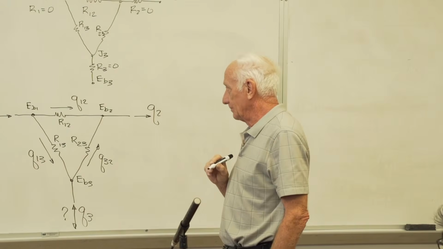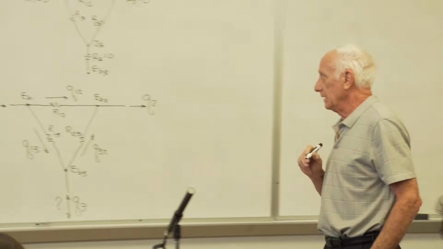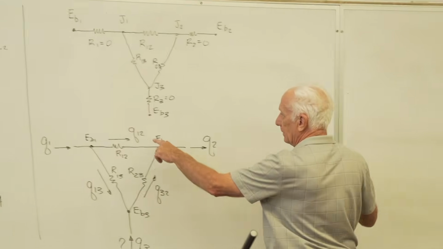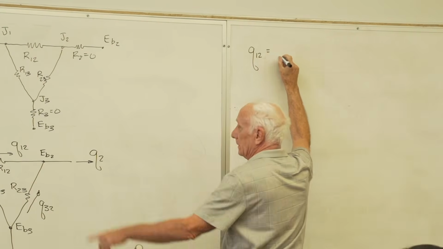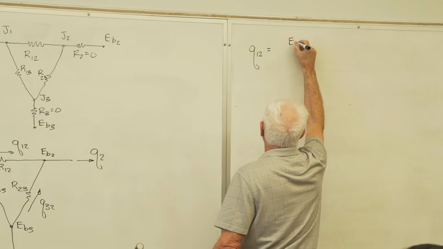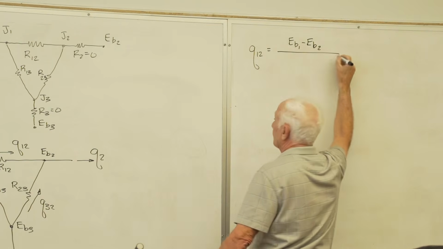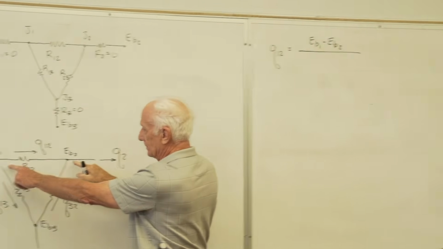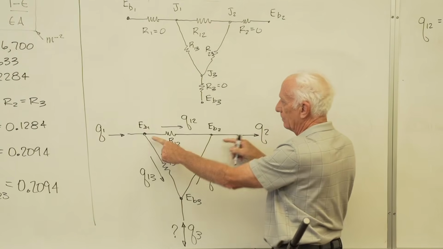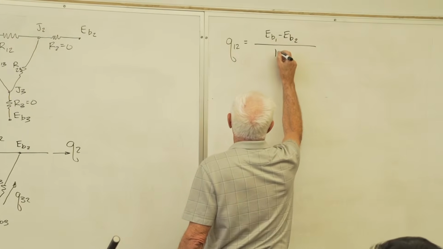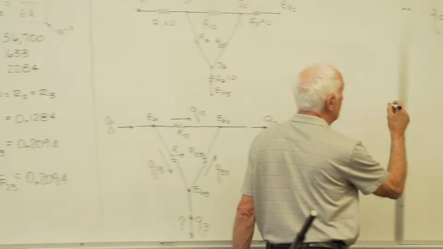Okay, solve for all 6 Q's. They're unknown. Solve for them all. Let's take the easy one first. Q12: EB1 minus EB2, just like chapter 3, divided by the sum of the resistances between my 2 fingertips, R12. I'll write these 3 down first.